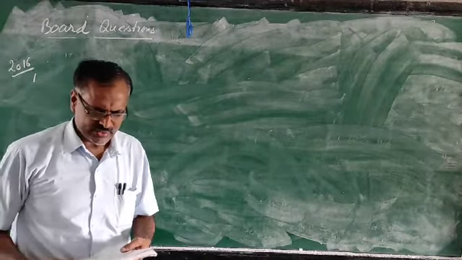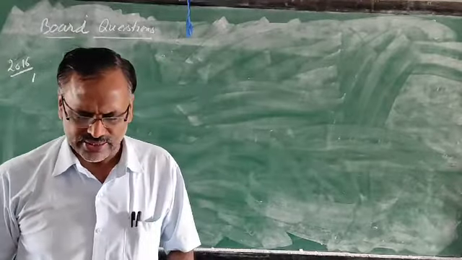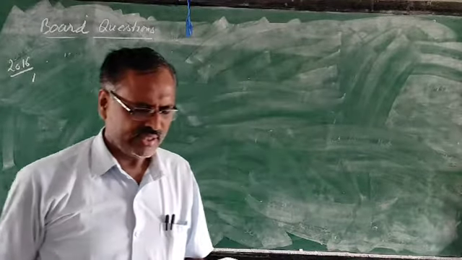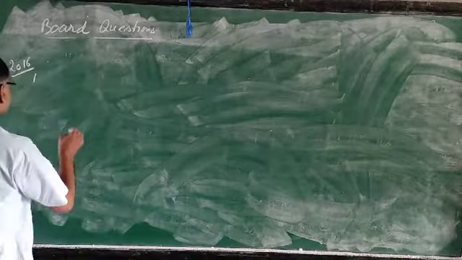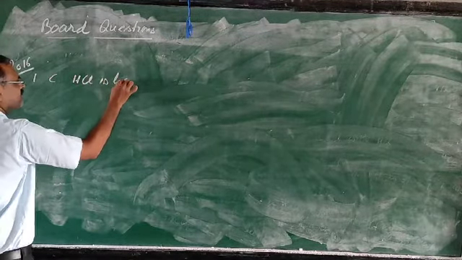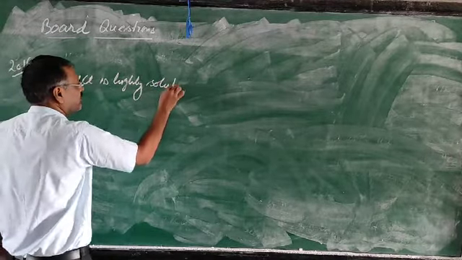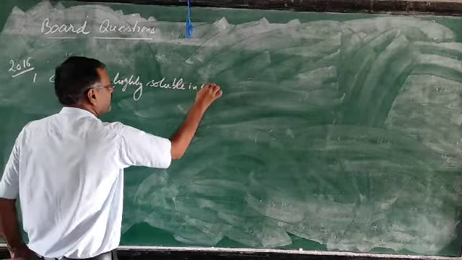Select the correct answer A, B, C, D. The aim of the fountain experiment is to prove that, C is the correct one, HCl is highly soluble in water.